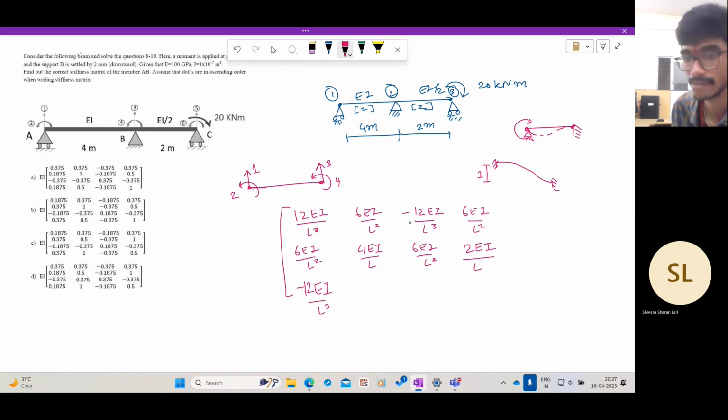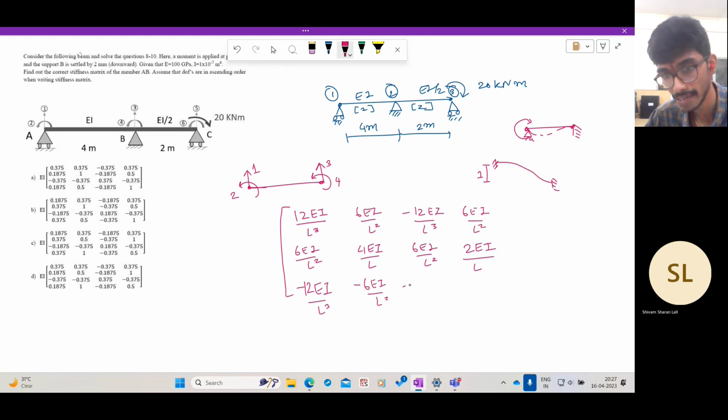Let me see. Minus 6 EI by L square. Minus 12 plus 12 EI by L cube. And it is symmetric, right? So this will be minus 6 EI by L square.